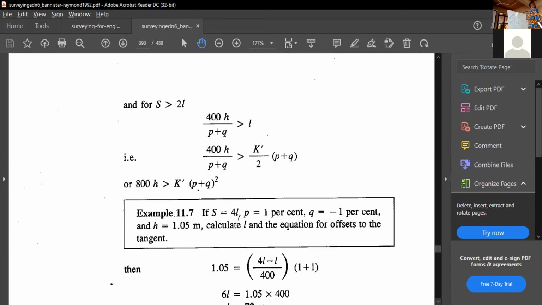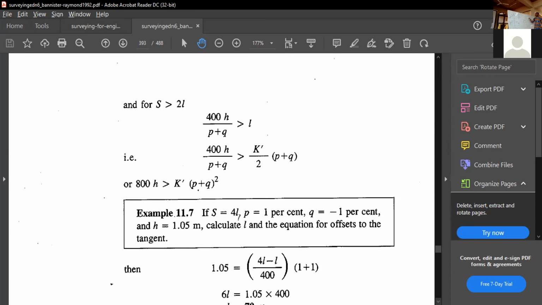What is P? The left hand slope. The right hand is negative. So it's looking like this. H is the height, we don't have a problem with it. Now let's come to S. This is 4L.